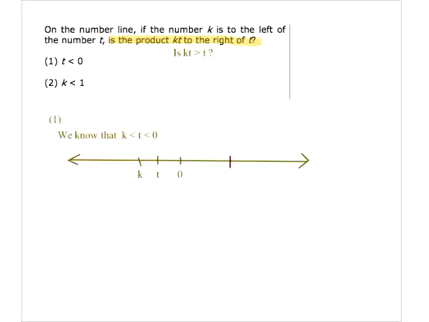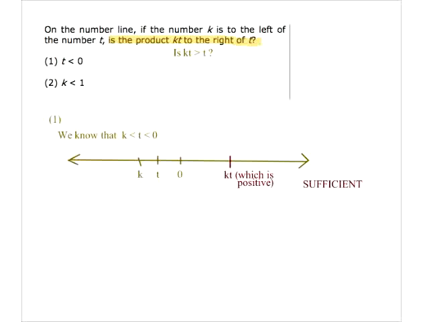So this is a PNZ problem, a positive negative 0 problem in disguise. So KT's over there. So that's going to be sufficient because it's positive. Positive is always bigger than negative. So there you go. Statement 2, let's take a look.